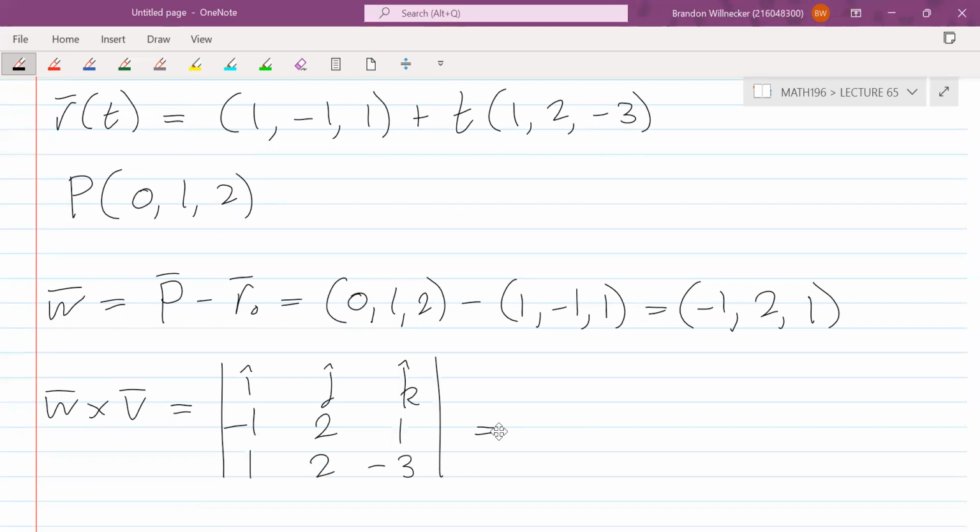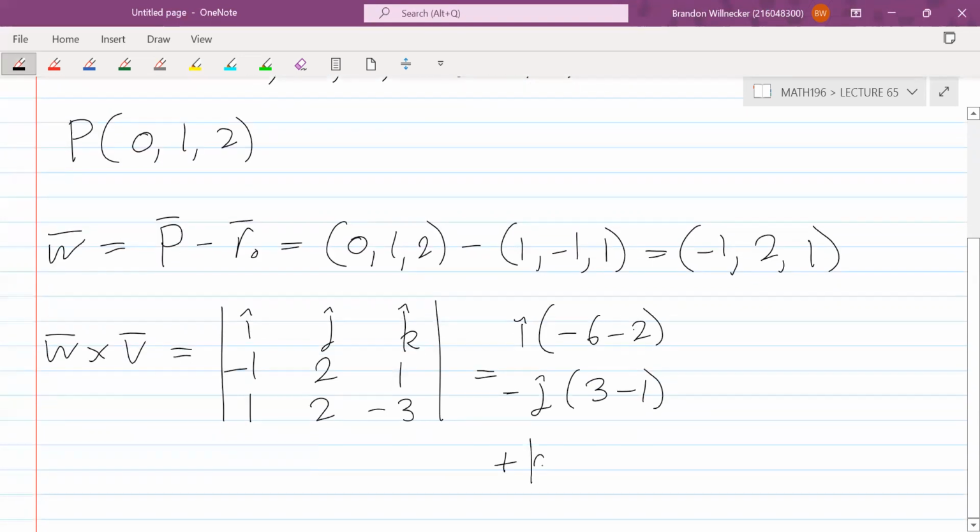Let's do this for each component. So we have i, and that's going to be -6 minus 2. Minus j, because we need that minus on there, that's going to be 3 minus -1. And plus k, that's going to be -2 minus another 2.